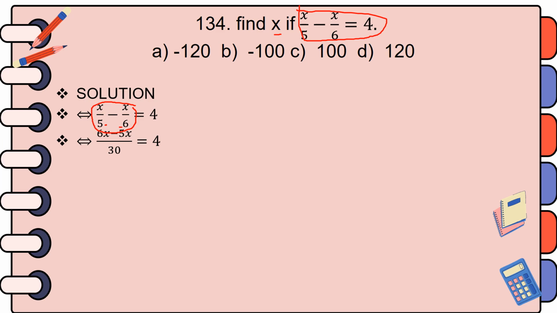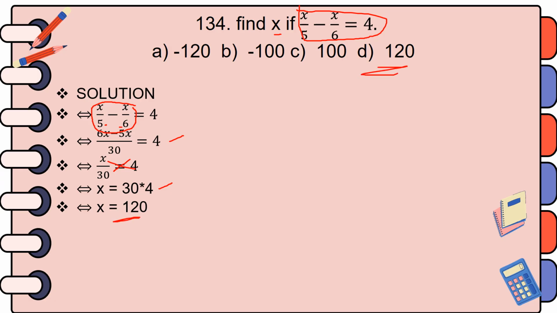So you have 6x minus 5x over 30 is equal to 4. But 6x minus 5x means 1x, or simply x. So you have x over 30 is equal to 4. Now cross multiply and you get x is equal to 30 times 4, and 30 times 4 is 120. So choice D is the answer for this question.